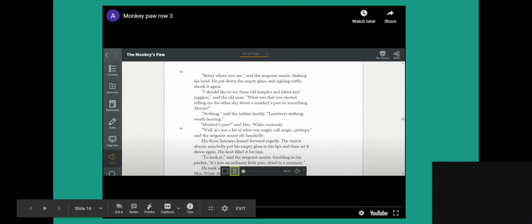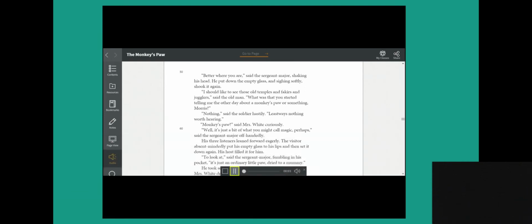"Better where you are," said the sergeant major, shaking his head. He put down the empty glass, and sighing softly, shook it again. "I should like to see those old temples and fakirs and jugglers," said the old man. "What was that you started telling me the other day? About a monkey's paw or something, Morris?" "Nothing," said the soldier hastily.